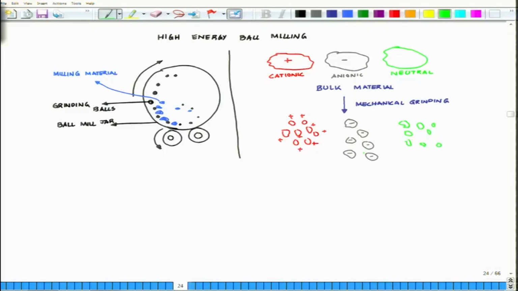Now one option is that you do not use any kind of surfactants. So what is the role of a surfactant? This is one route where you are using no surfactant.